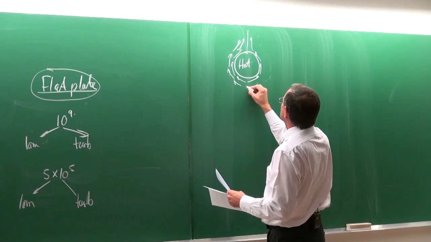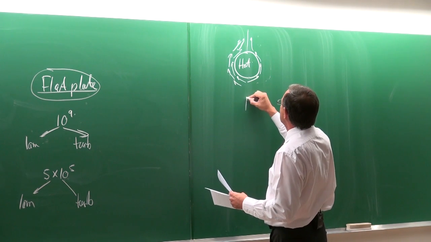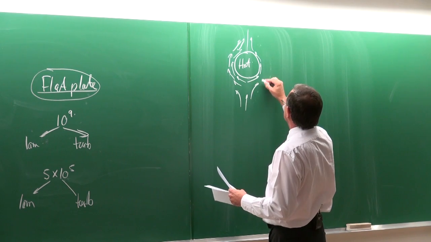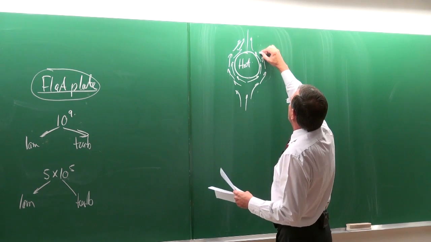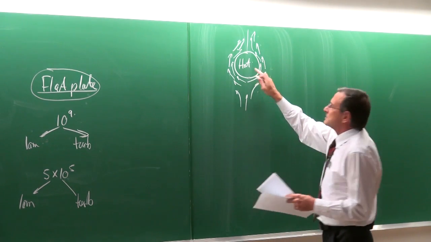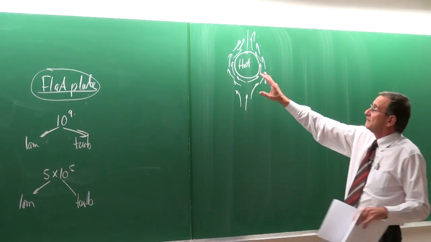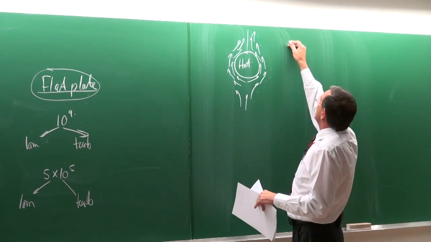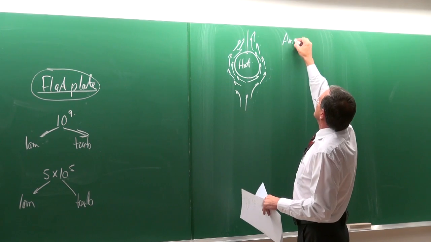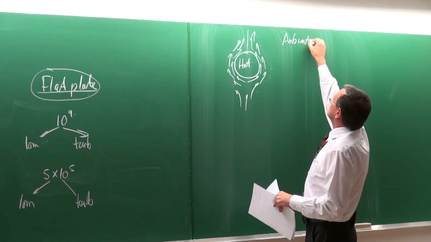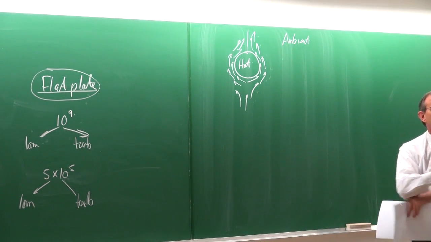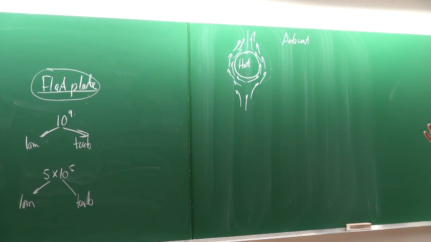The velocities would be very small in value, very difficult to measure, specifically if the temperature difference between the hot and the ambient is not very large. So that is the one type of problem.